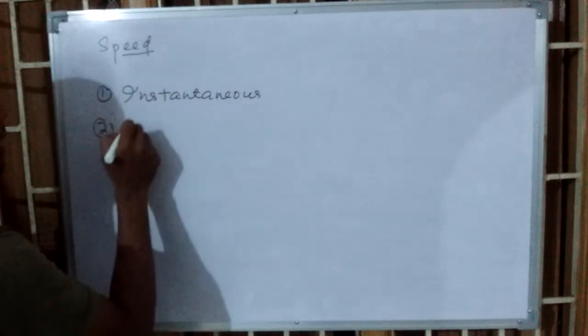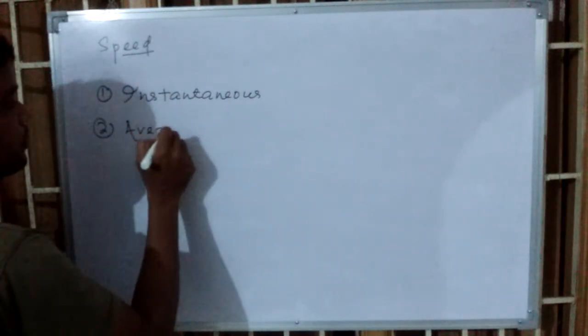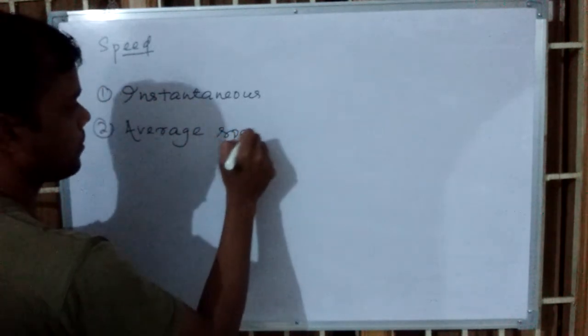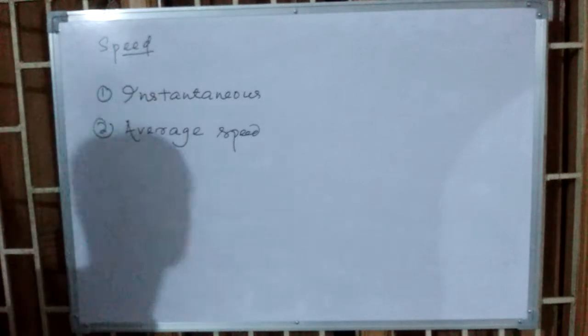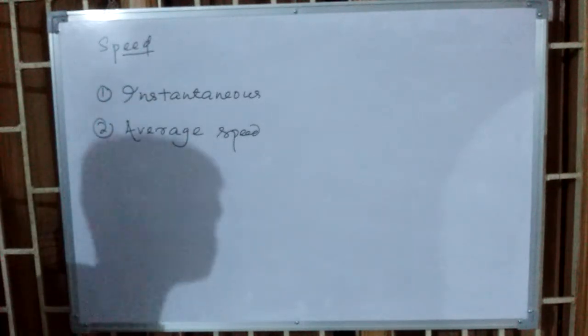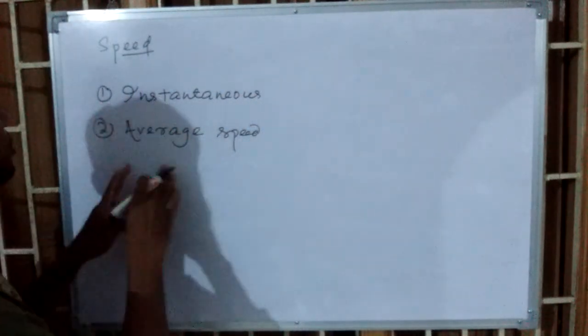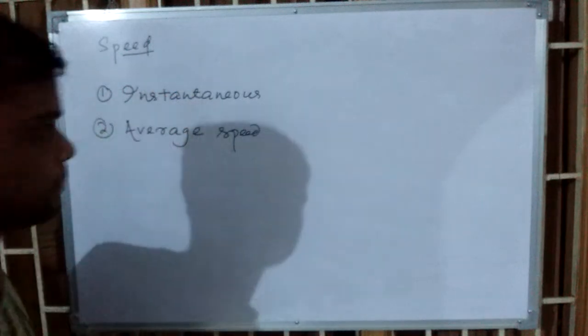Number 2 is average speed. First, what is instantaneous speed? Later we shall go through instantaneous speed. First we shall go through average speed.